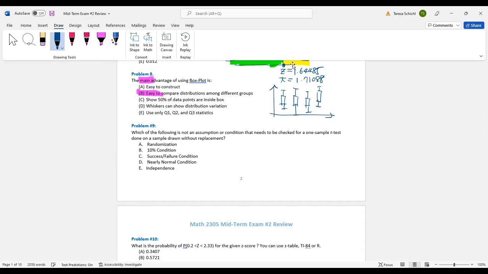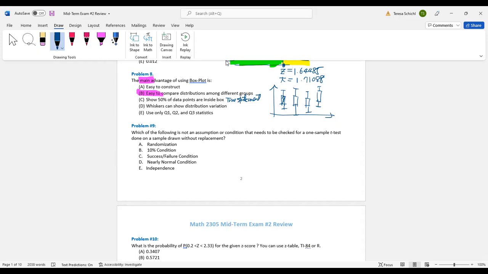That's the main advantage, to compare. So C says show 50% of the data inside the box. This is a true statement, but that is not the main advantage here.